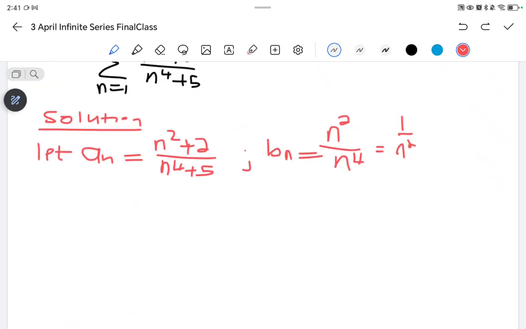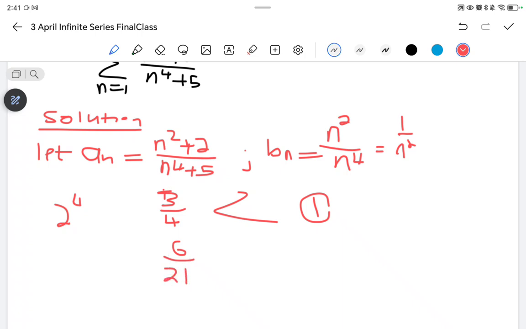So what I can do now, I can plug 1 here. If I plug 1 here, I'll get 3 in the numerator, I get 4 in the denominator. If I plug 1 here, I'll get 1, and this one is bigger than this. Let's say now I plug 2 here, I'll get 4 plus 2 is 6 on the numerator, 2 to the 4 is 16, 16 plus 5 is 21.